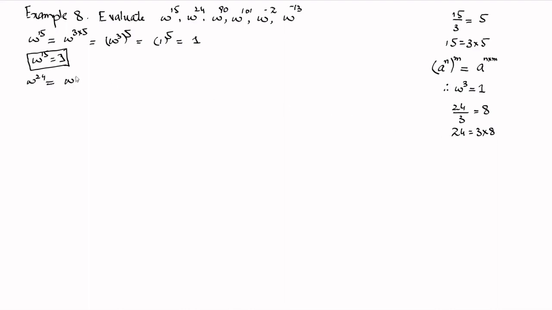So omega raised to the power 3 into 8, and by using this similar property of quotient, we will write omega cube raised to the power 8, which is equal to, insert omega cube is equal to 1, and 1 raised to any power is equal to 1. So omega raised to the power 24 is equal to 1.